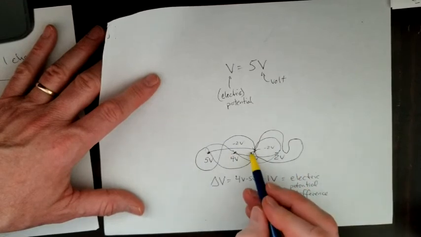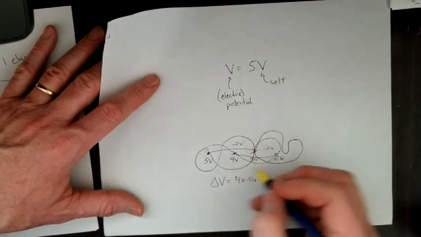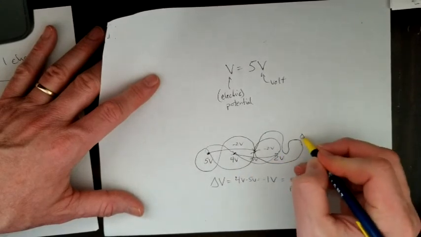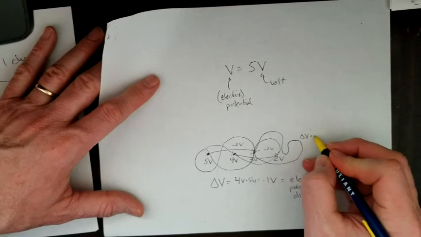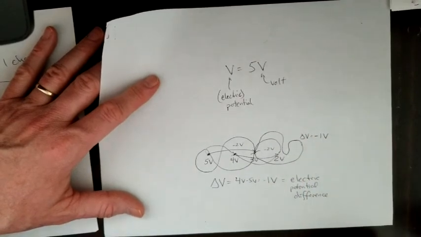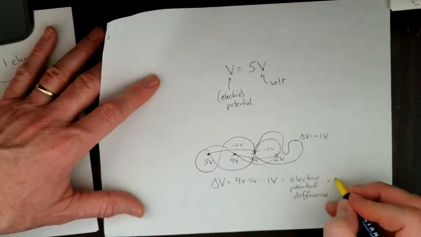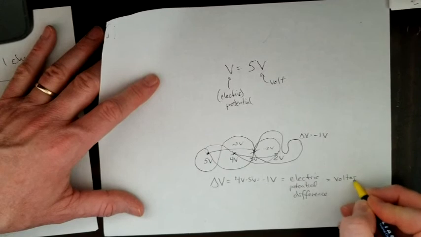Well, I started at the 4, I ended at the 3. Whatever happened in between does not matter. So that big, long, convoluted path, the change in the electric potential is negative 1 volt. This electric potential difference is also known as voltage.